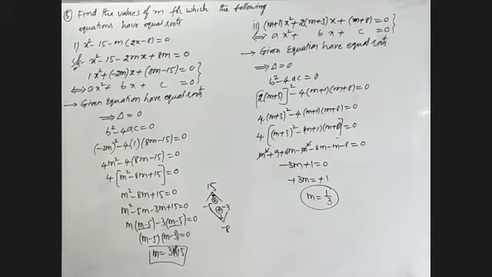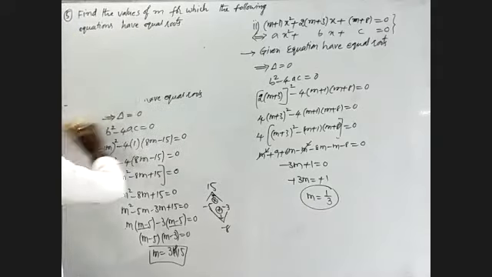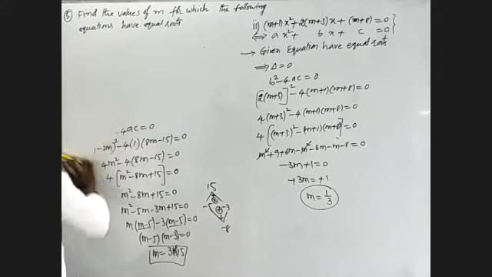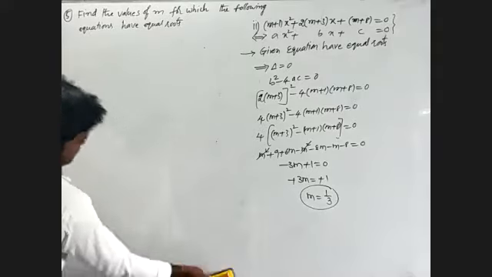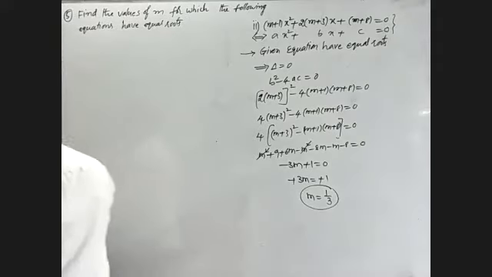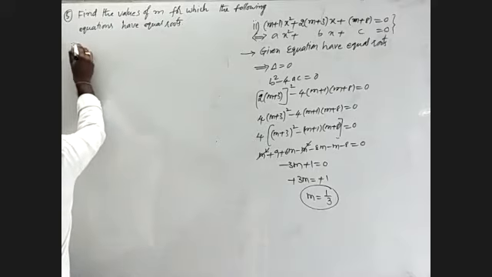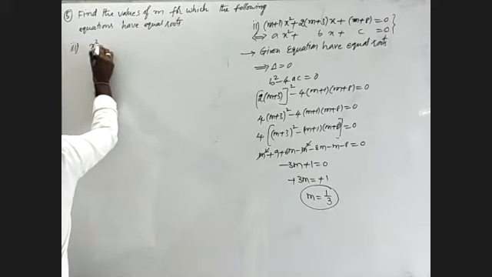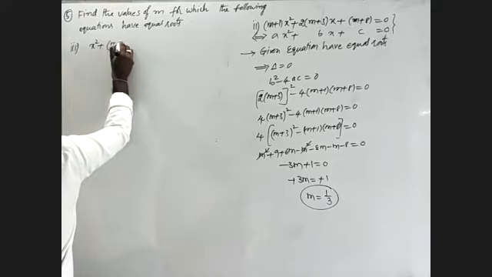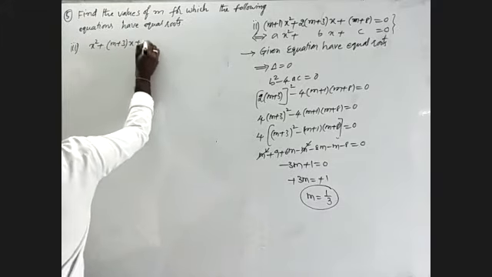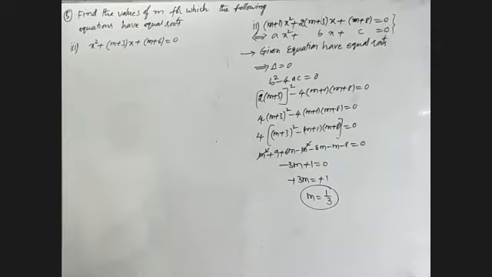Okay, now I am going to the third one. The third one is x square plus (m plus 3) into x plus (m plus 6) is equal to 0.